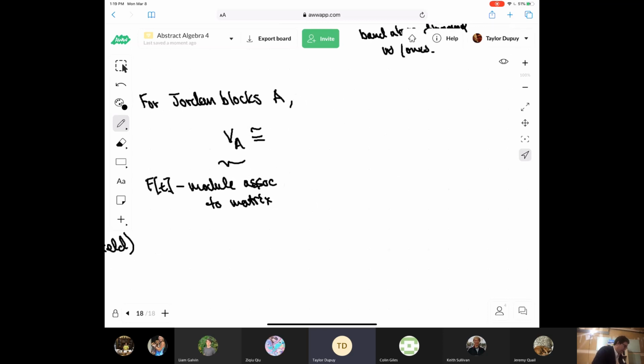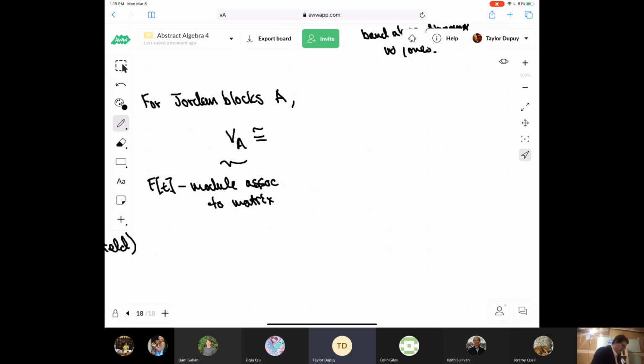So this thing was isomorphic to F[T] modulo (T minus A) to the N.